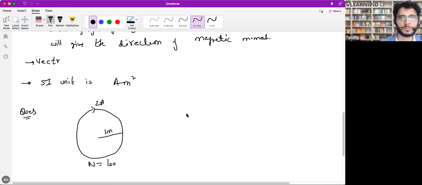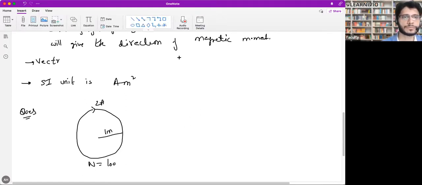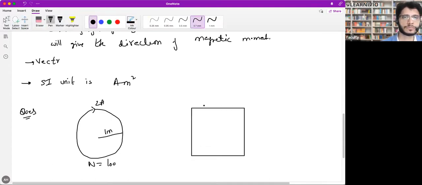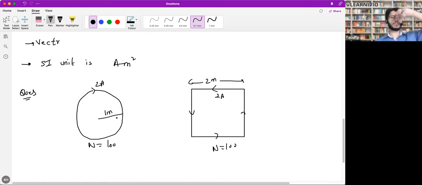Let's draw some other shape now. This is the coil, a formula based thing. It's a square shape, with side 2 meter. Current of 2 ampere is passing through it. Number of turns is 100. Calculate the magnetic moments of both the coils. Write your answer with proper unit vectors i cap, j cap, k cap.